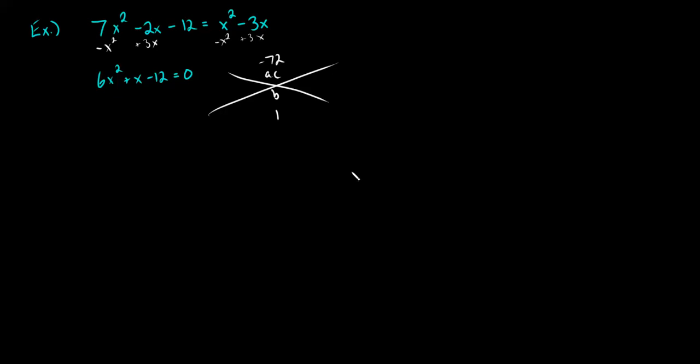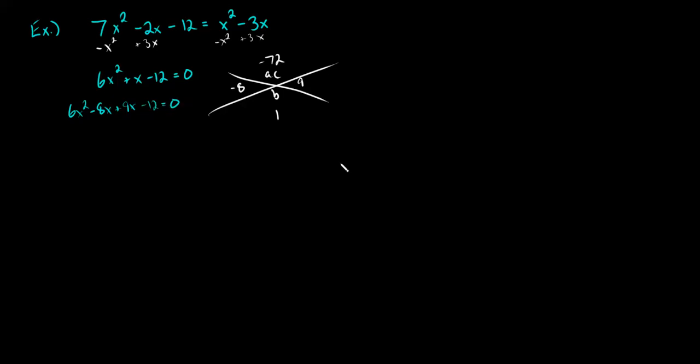Now, what those numbers are, well, that would actually be 9 and negative 8. Negative 8 times 9 is negative 72. Negative 8 plus 9 is 1. Okay? And then we would go ahead and we would factor. So remember, you bring down your first term, you bring down your last term, and you split the middle.